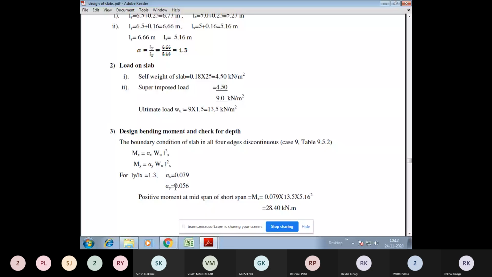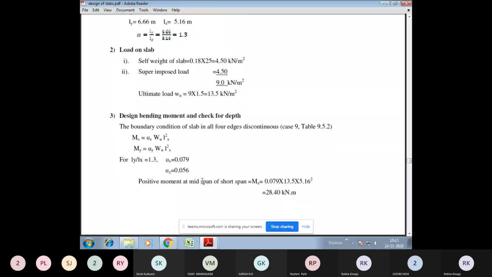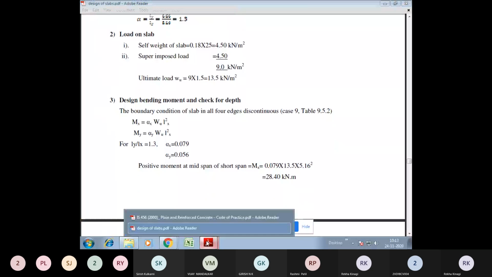And using this, in the code book, we have the equation for finding out design bending moment, that is Mx as well as My in both the directions, in x direction as well as in y direction. If we consider bending moment in x direction, we need to consider alpha x into wu into Lx square, that is the span in the shorter direction.